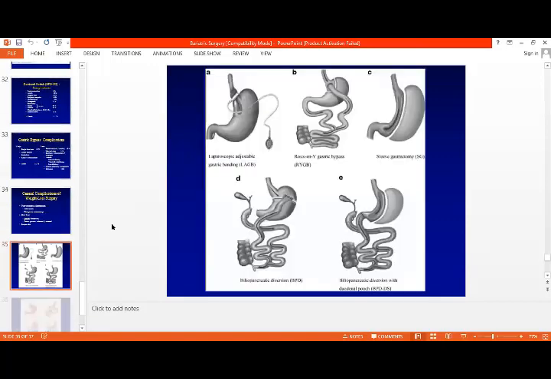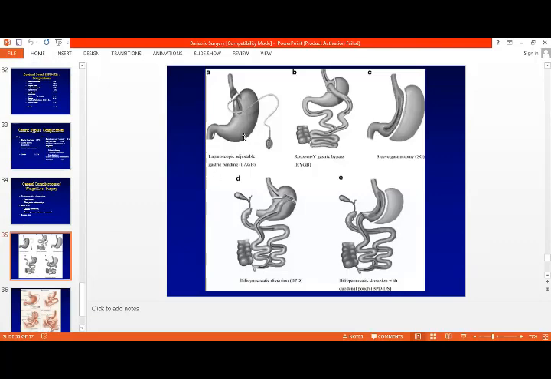So these are the 4 common procedures. Laparoscopic adjustable gastric band, this one, and the reservoir is under the skin. This is Roux-en-Y gastric bypass. Stomach is divided and a Roux limb, this Y shape, is attached. And this is a sleeve gastrectomy, in which this portion of the stomach is excised, and the main food channel, just like a banana, is called sleeve gastrectomy.